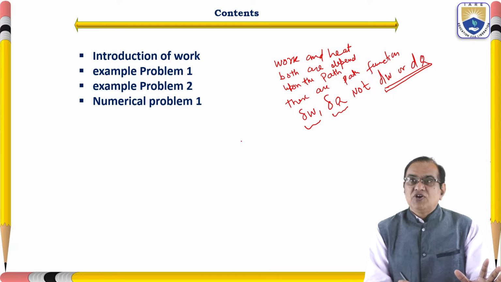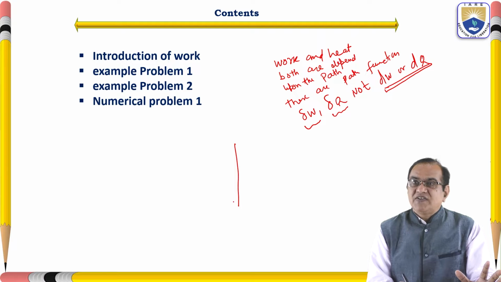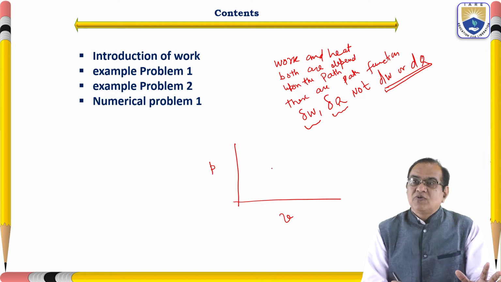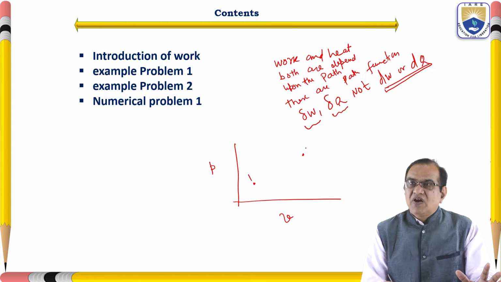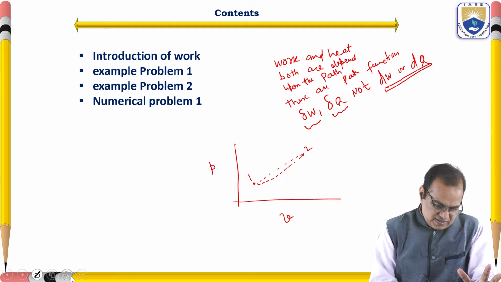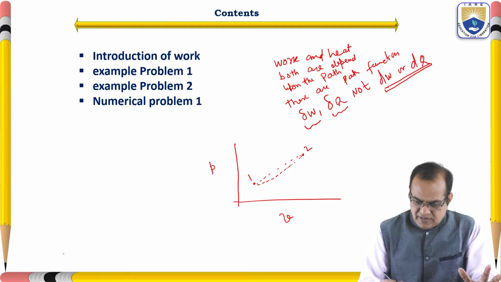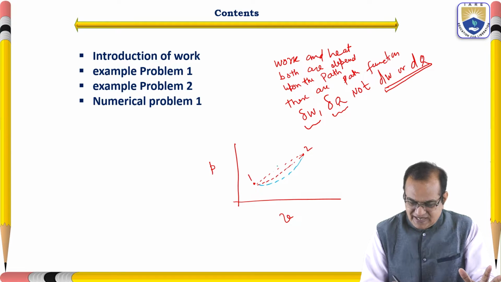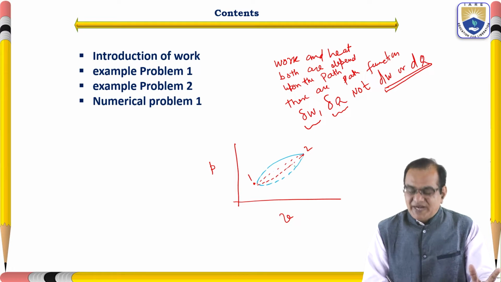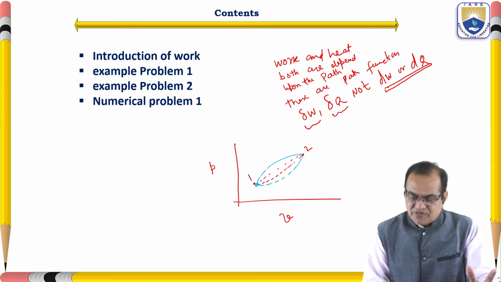So if I draw here, what is the difference between a point function and a path function? You can see that between 1 and 2, the path may go like this, it may go like this, it may go like this, but all are reaching from 1 to 2.